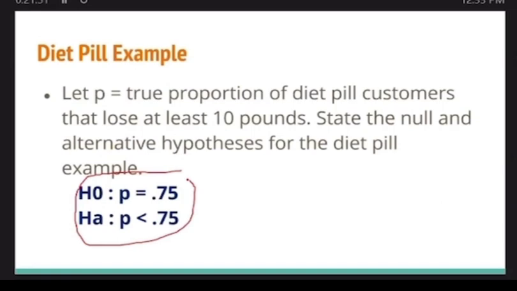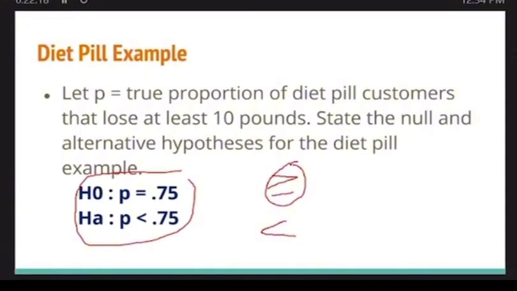Now, let me tell you in the actual sense. They say at least, right? The claim is at least. At least is supposed to be greater than or equal, right? And what is the opposite of greater than or equal? That's going to be less than, right? Now, this is supposed to be in the null, but you know what?